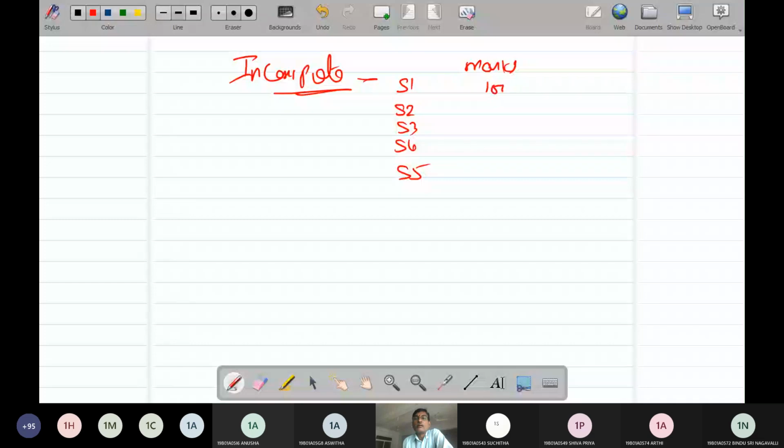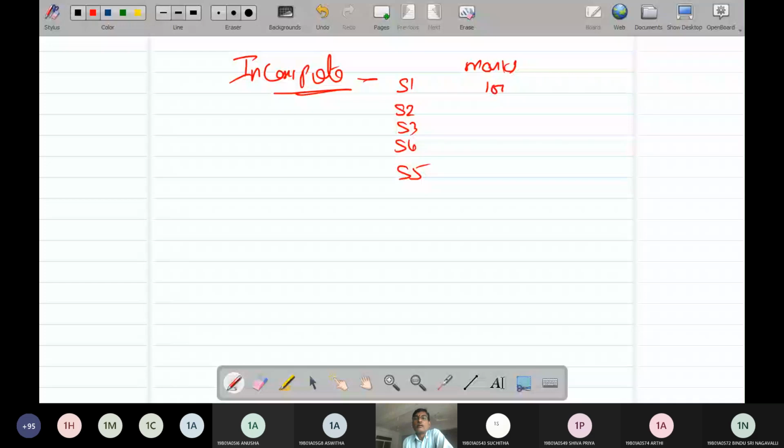If I compute the mean or the aggregate, obviously it is going to say 265 by 5, which is a wrong answer.